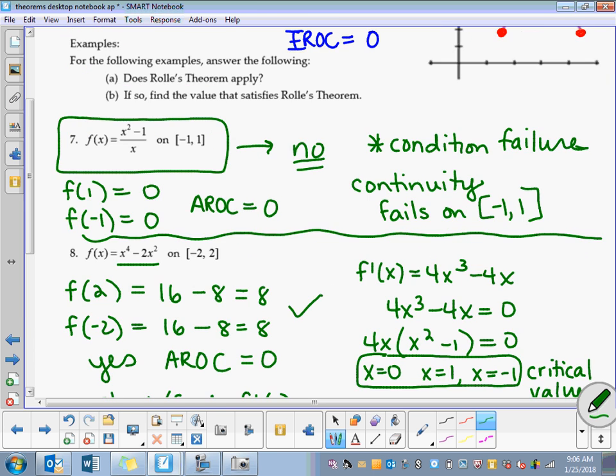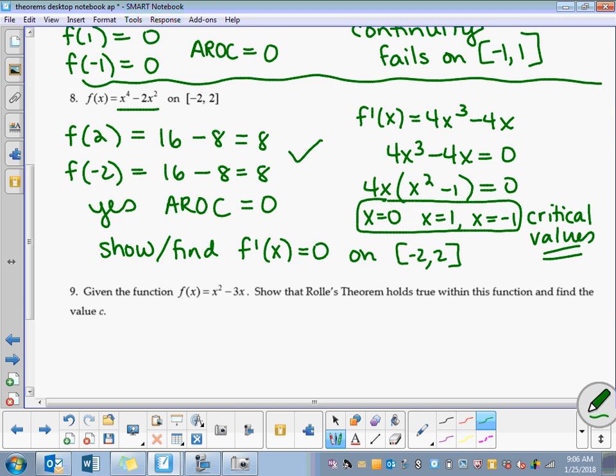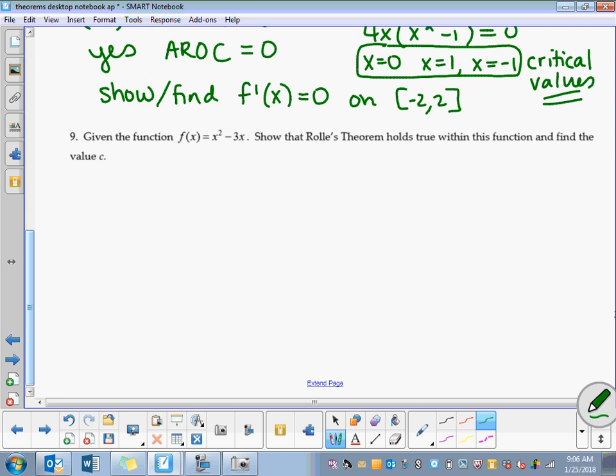Is that all it said, just to find them? Yeah. Values, I guess we should have. Alright. Okay, so show that Rolle's theorem holds true within this function and find the value of c.